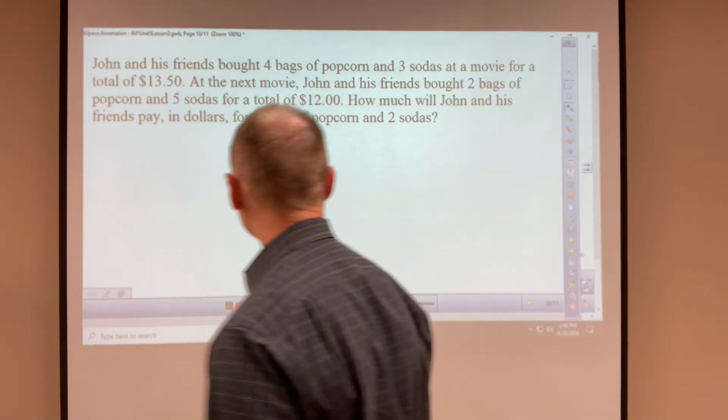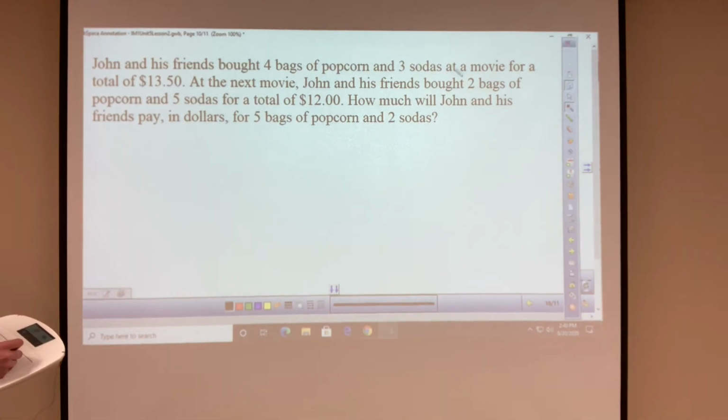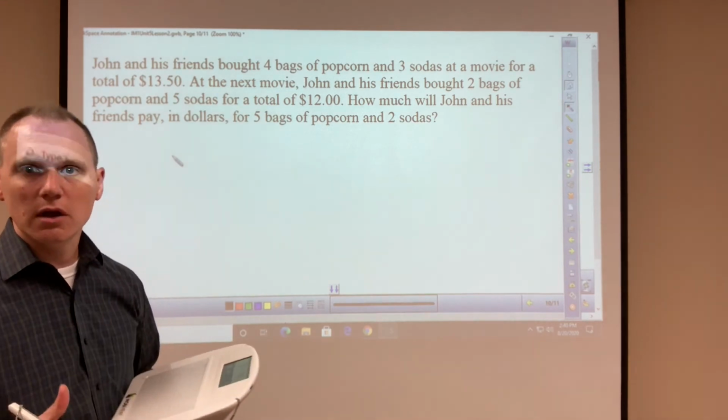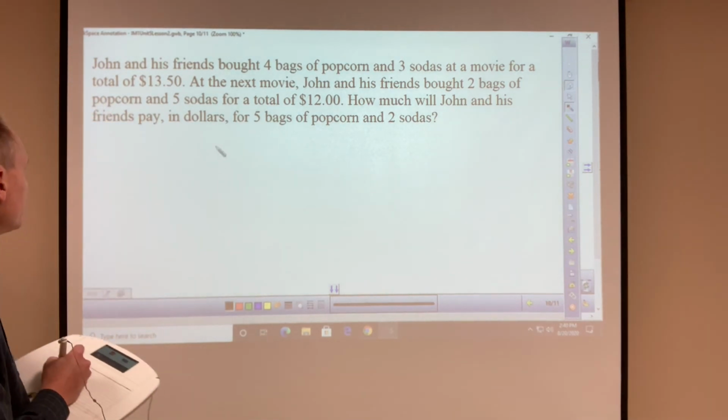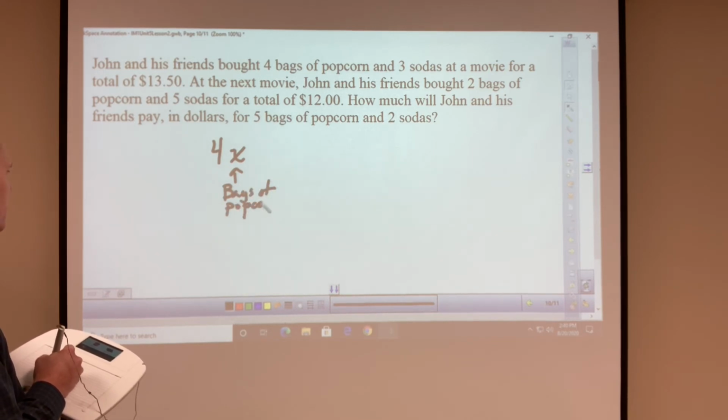All right, so in this case, John and friends bought 4 bags of popcorn and 3 sodas at a movie for a total of $13.50. So we're talking about the total cost of those purchases. If we think about 4 bags of popcorn, I'll say x is the bags of popcorn.